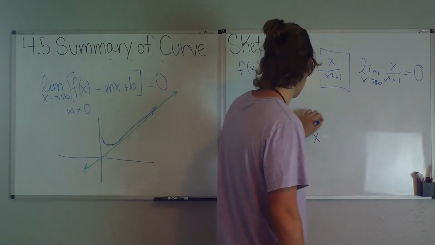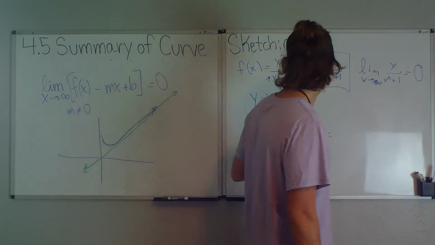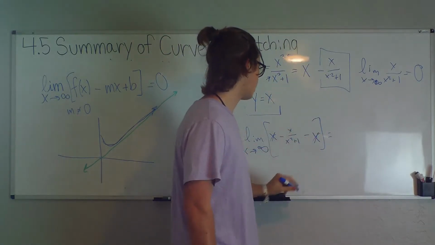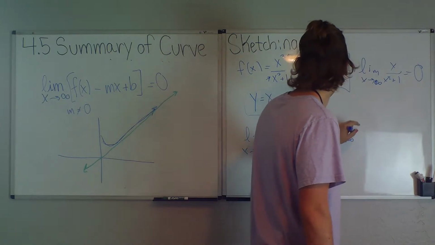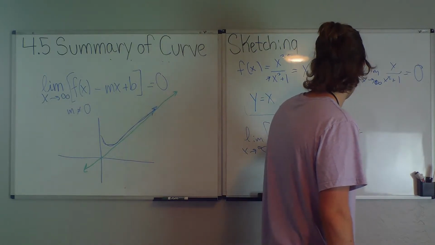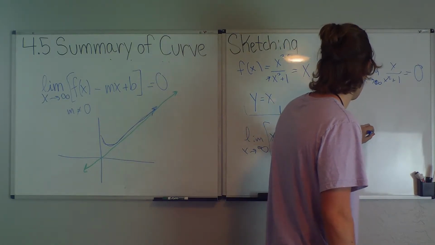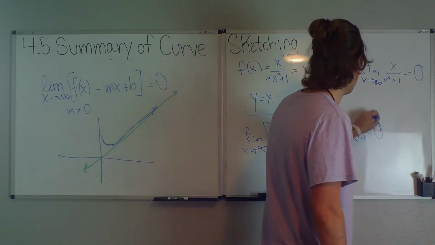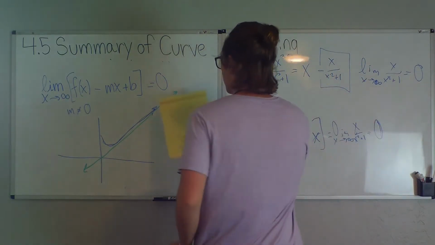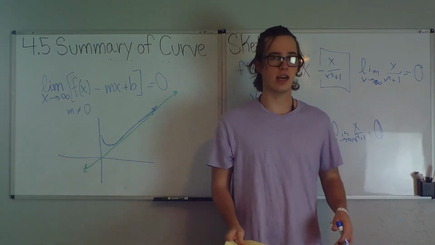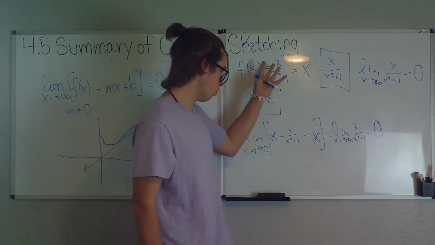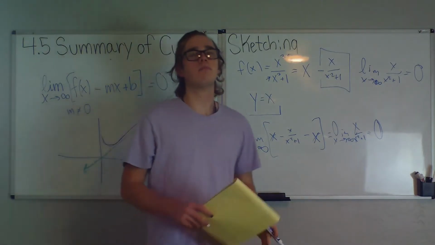We do this, x cancels with x, and we just get the limit as x approaches infinity of x over x squared plus 1. And hey, that equals 0. And hey, that means our slant asymptote is defined at y equals x. And it all works through the math.